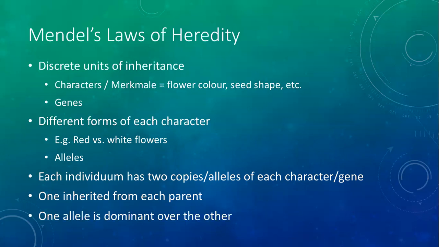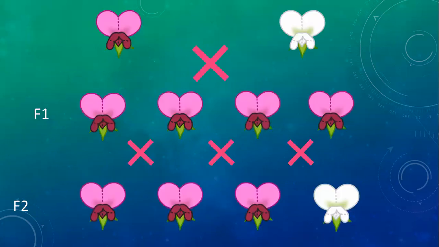And the reason why we see this strange distribution of colors is that one allele is dominant over the other. Let's look at the example again to really explain what that means. What we see when we look at the flower colors is what's called a phenotype in biology. The underlying genes and alleles that determine this color are what we call the genotype.